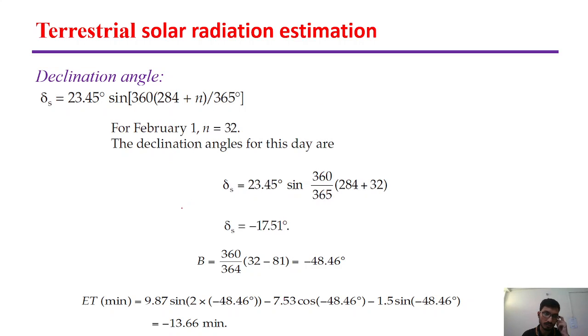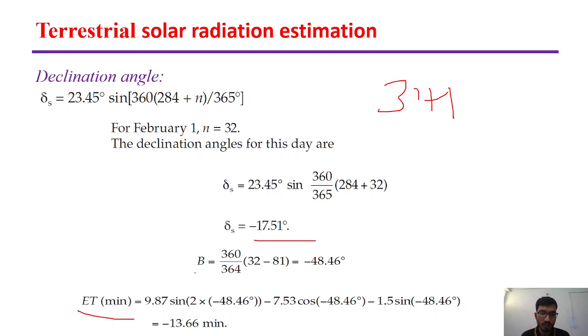Okay, so let's calculate first the declination angle. For February 1 given, n will be 31 plus 1, that is 32, and then the declination angle will be minus 17.51 degrees. Once we know the declination angle, another thing we should know is the equation of time.